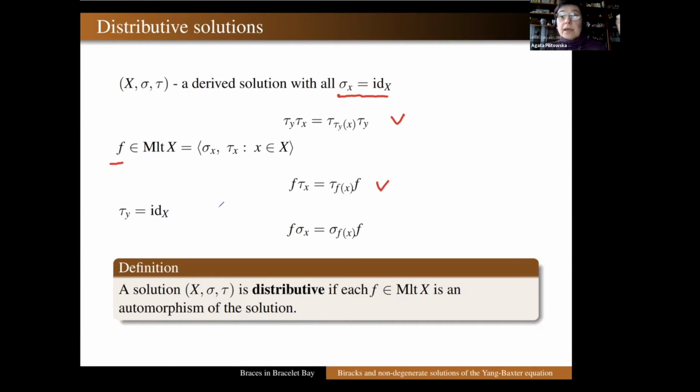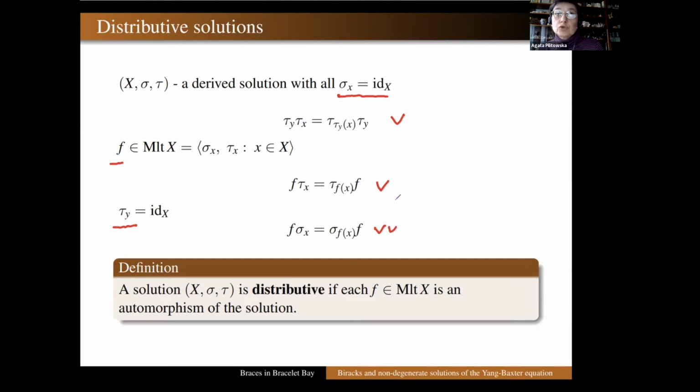When we take the second version of a derived solution, in which all tau mappings are the identity mapping, we obtain the dual version of this correspondence for any bijection from the multiplication group of the solution.